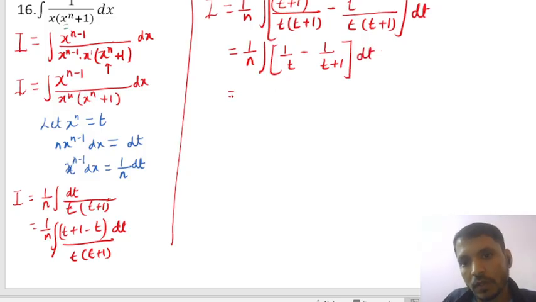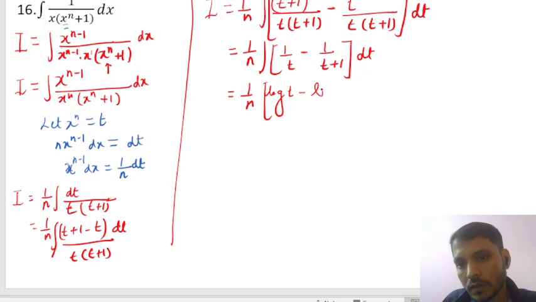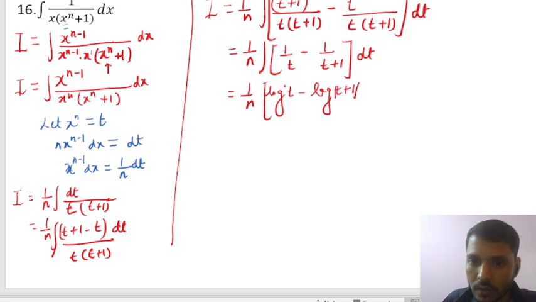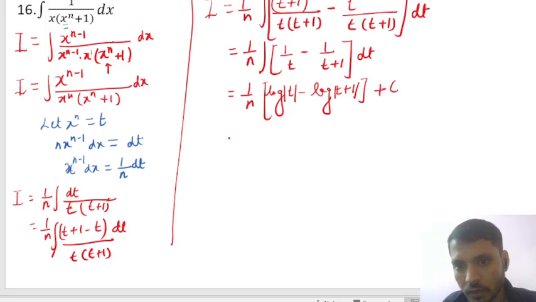So it will become 1 by n, and here the integration of the first part is log t, and the integration of the second part is log t plus 1. We should take the mod also: log mod t, log mod t plus 1, and here we can apply the properties of log.